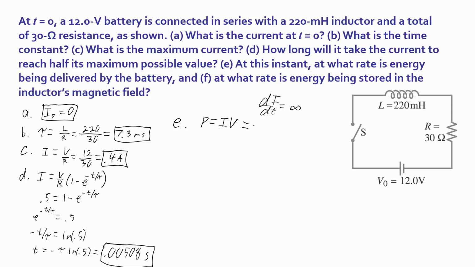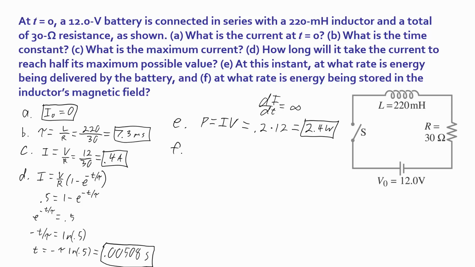For us, it's the battery, so we're just going to plug in 12, and the current is half of its maximum. The maximum is 0.4, so half the maximum is just 0.2, so we multiply that by 12, and we get 2.4 watts.